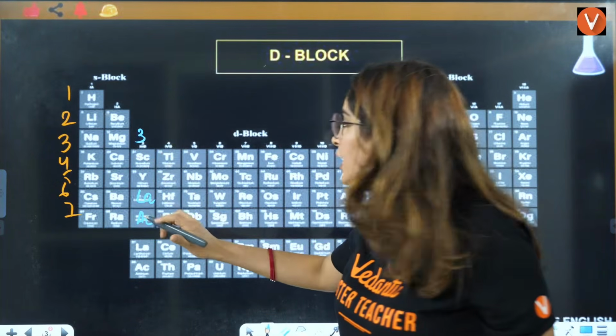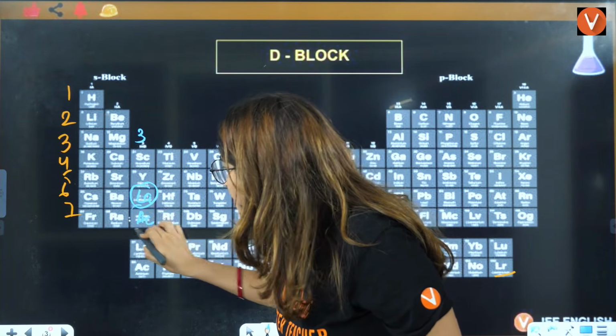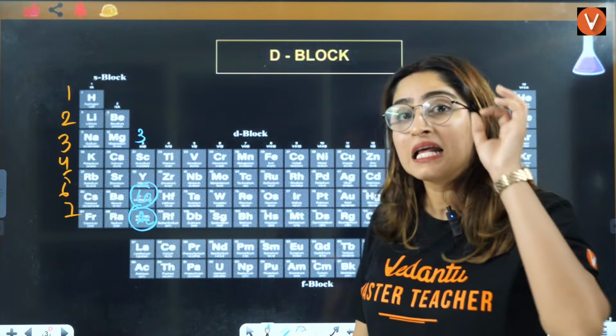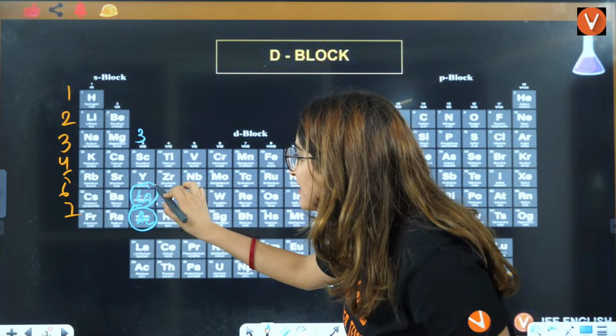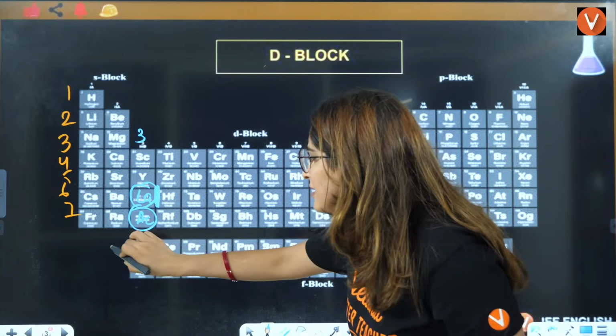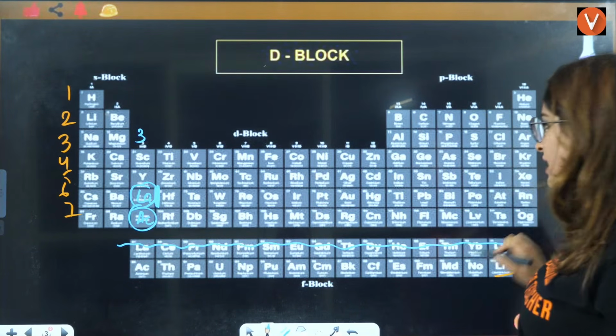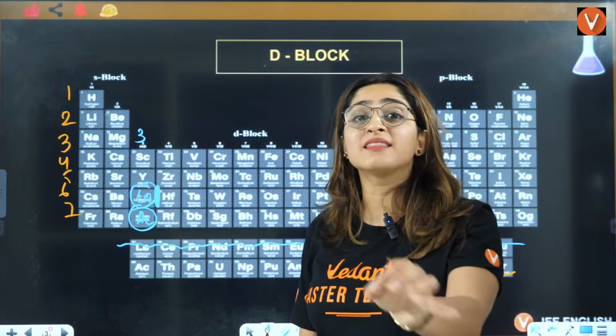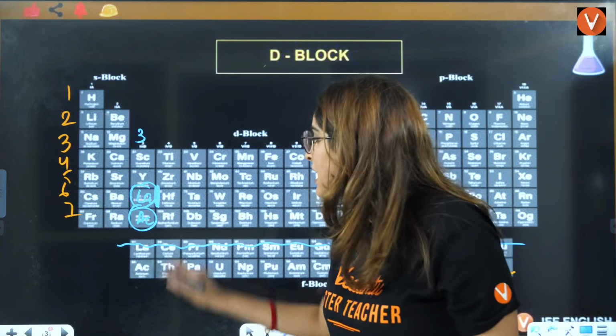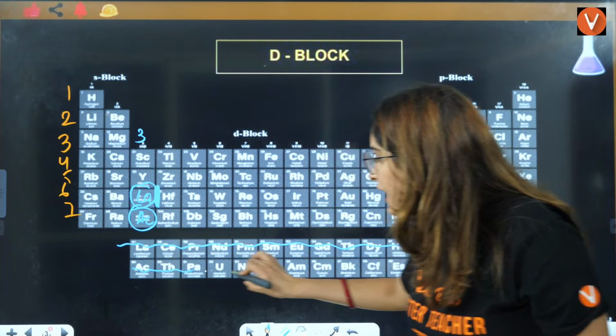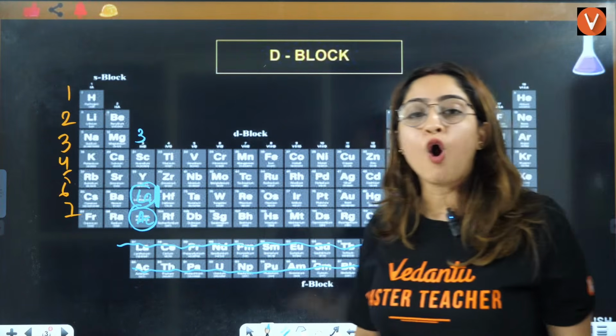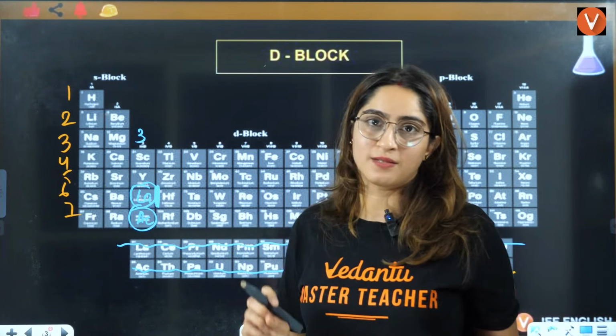In group 3, you have lanthanum and actinium. After lanthanum, you have these elements, which are called lanthanoids. After actinium, you have these elements, called actinoids.